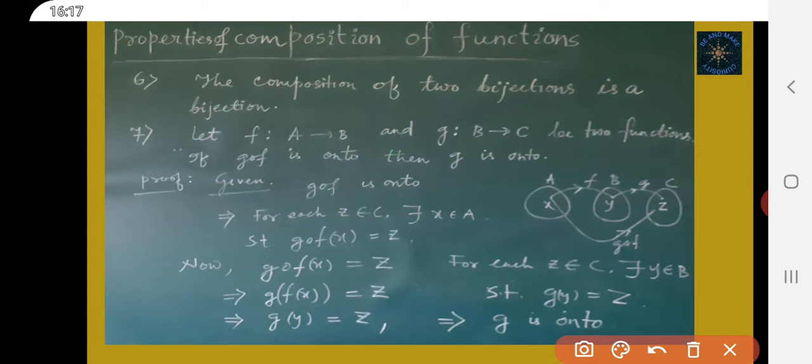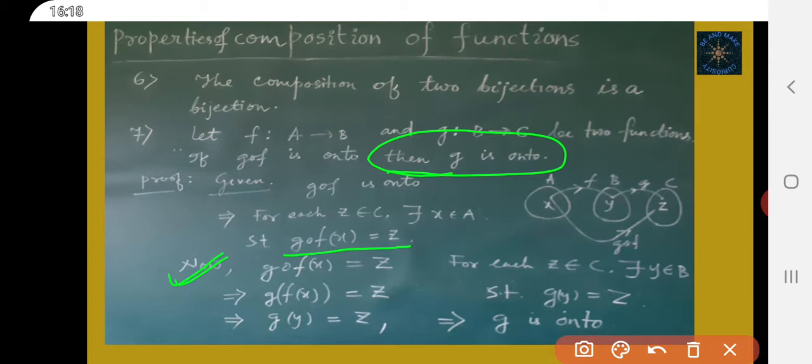Now we have to prove this one, the function g is onto. Here we have gof of x is equal to z, given. So from this we shall start.